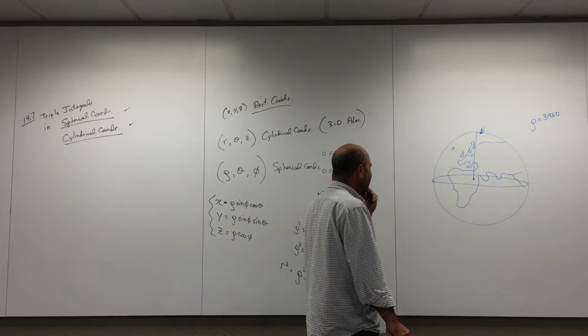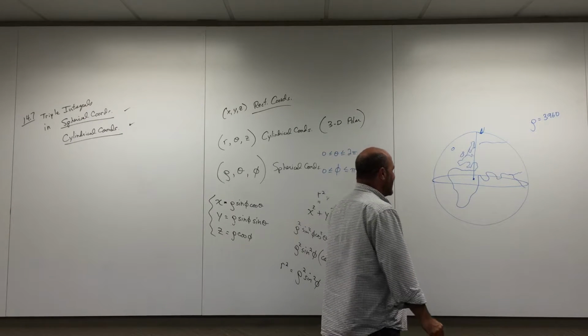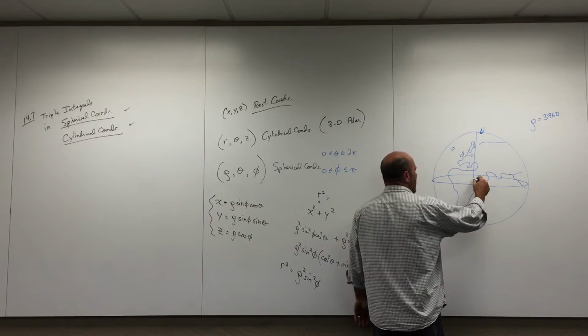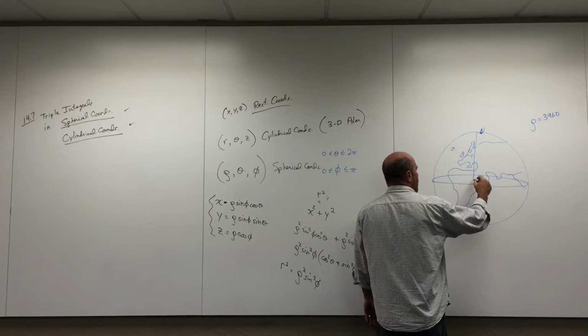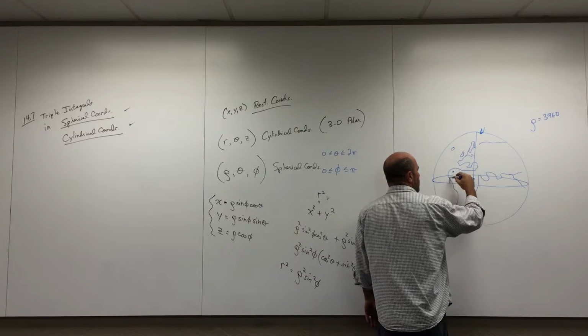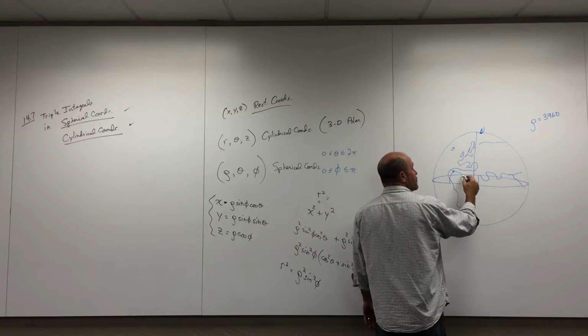What am I trying to say? So I'm trying to say that if I lived in North Africa, that might be like here, that might be like 20 degrees north latitude.